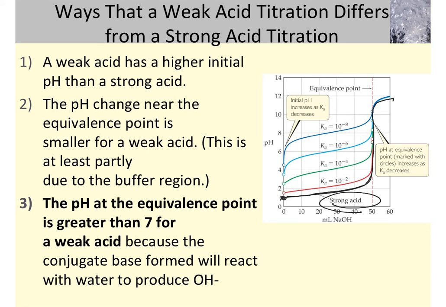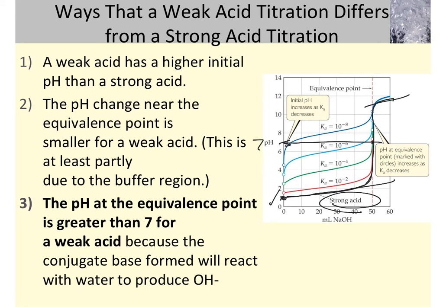And so the beginning pH is important, but more important than that, if you find the equivalence point of a weak acid versus a strong acid, the equivalence point of the strong acid is exactly 7. So remember how I told you to find the equivalence point, right? You take the halfway point of the big jump in pH.